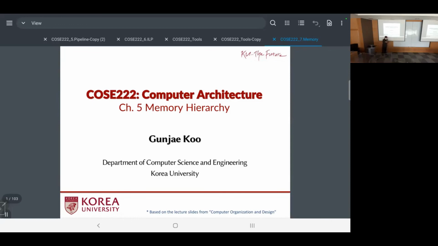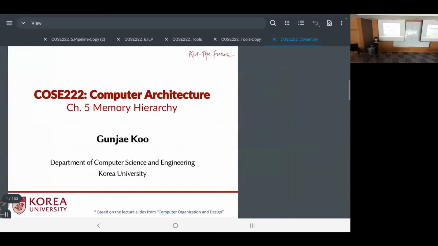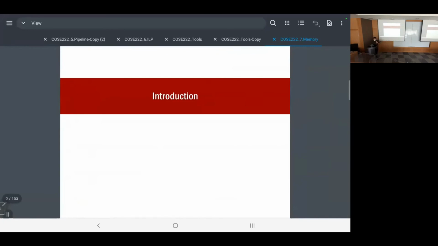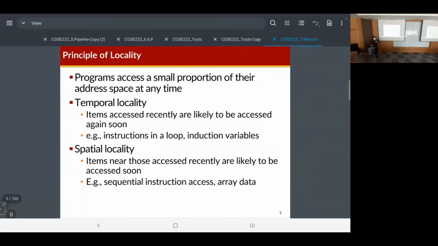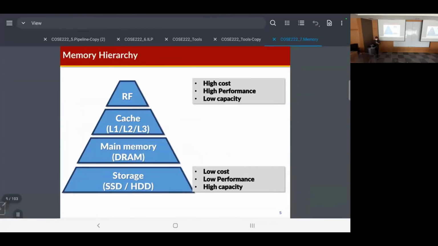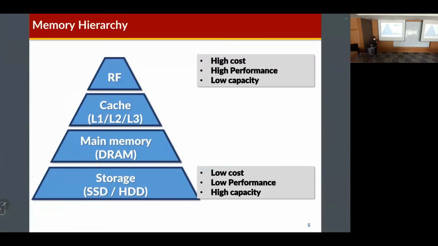The instruction memory and data memory are very small compared to the main memory, because actually these memories are caches. In chapter 5, we will learn about the memory systems, or memory hierarchy. It looks like this. This is the main memory, and we have been learning about the register file.